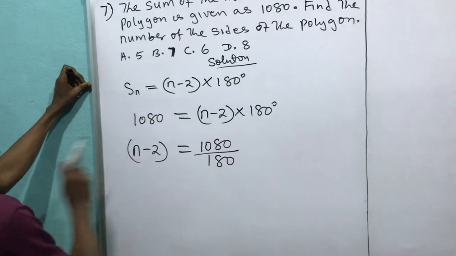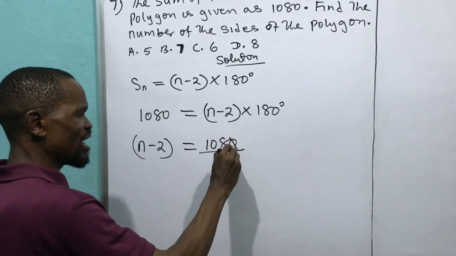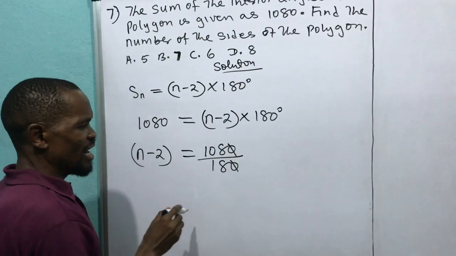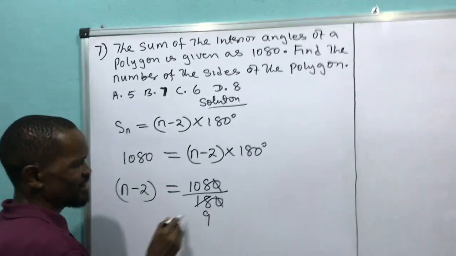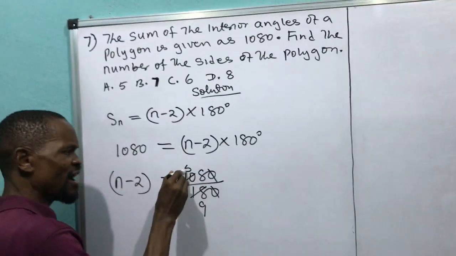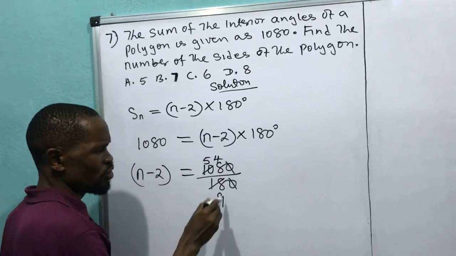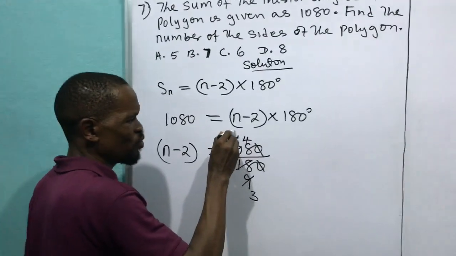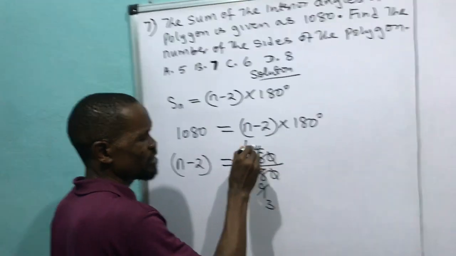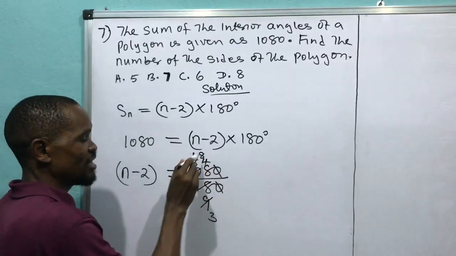This will cancel this. When we do that, 2 goes into here 9, 2 goes into here 5, 2 goes into here 4. Then 3 goes into here 3, 3 goes into here 1, and 2 into this will give me 8.